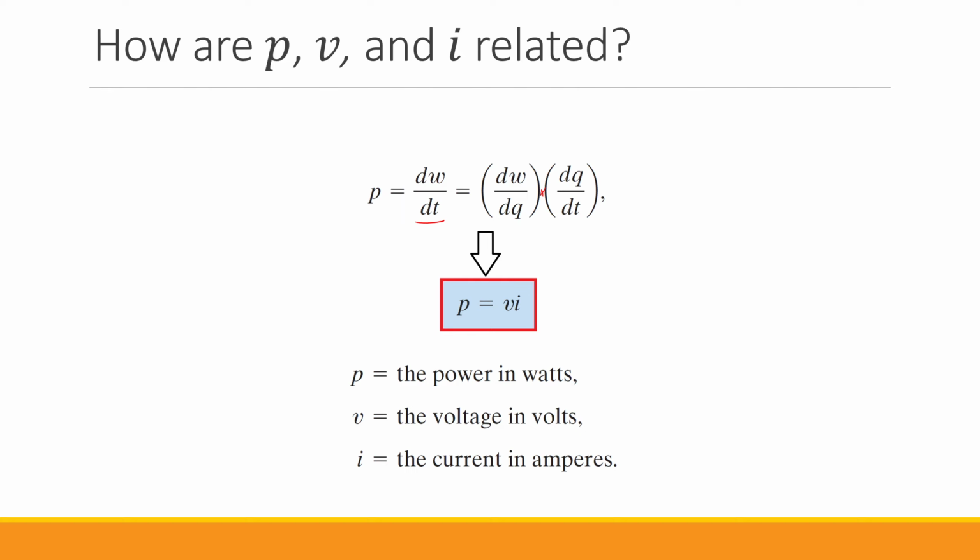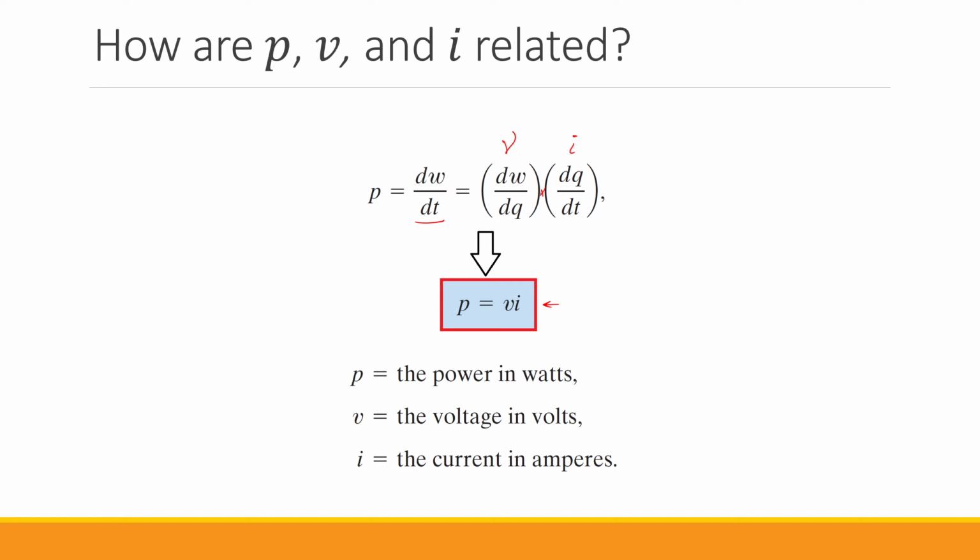You realize the derivative of energy with respect to the electric charge was defined as the voltage, and the derivative of the electric charge with respect to time was defined as the current. So now we get this very simple yet very powerful equation that shows the relationship between power and voltage and current at any given time.